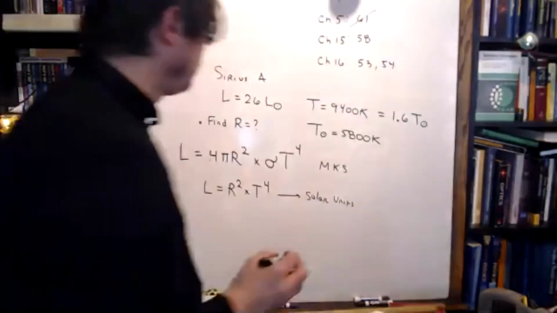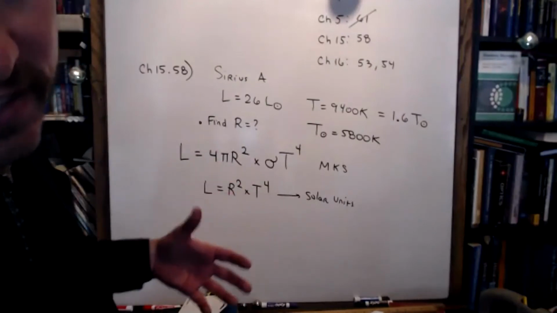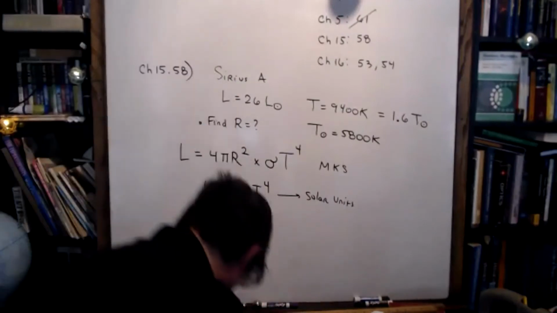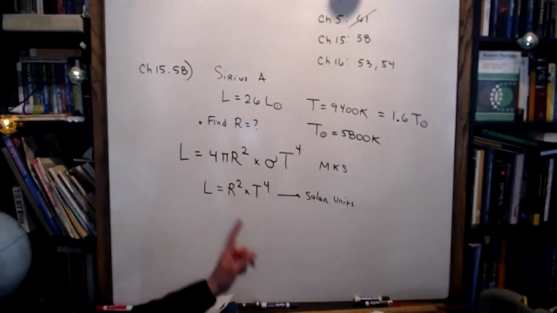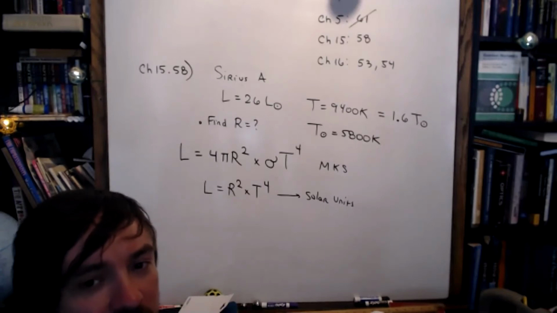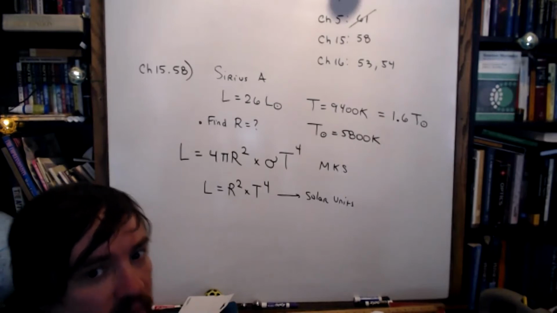Okay, so I've never actually tried to solve this problem this way, but I think it'll be interesting to see if we can get the right answer. First of all, do you guys know how to solve this equation for R? You would divide L by T to the fourth and then square root it.